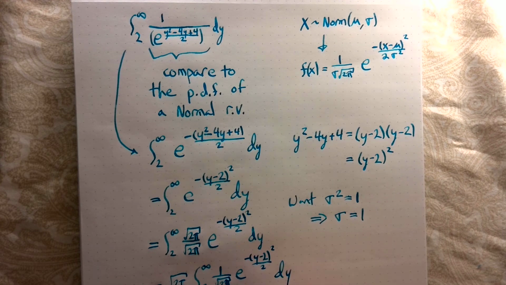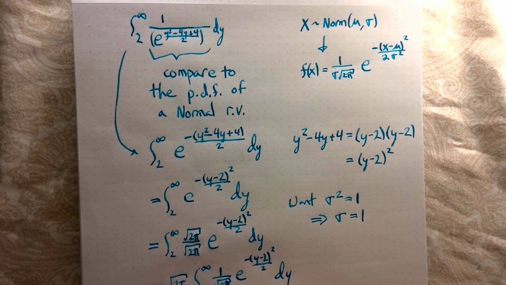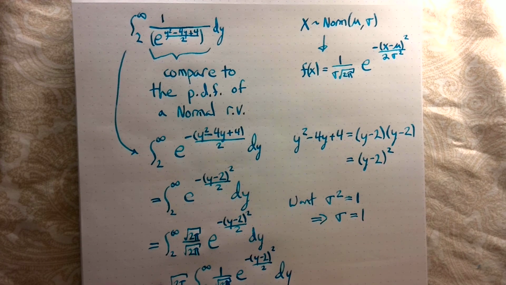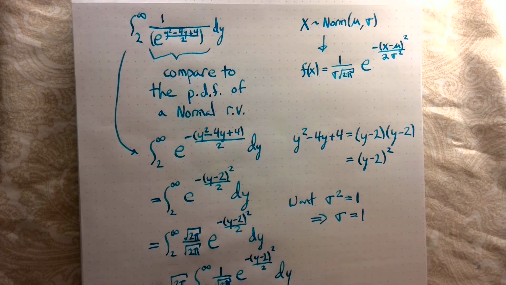So now when we look at the inside of this, this is exactly the PDF, the probability density function of a normal random variable with mu, which is equal to the mean, equal to 2, and the standard deviation, sigma, equal to 1. You can just plug this 2 in for mu up here and 1 in for the standard deviation. And then if you change the variable to y, you'll get exactly this expression.